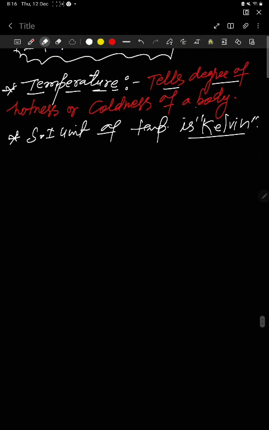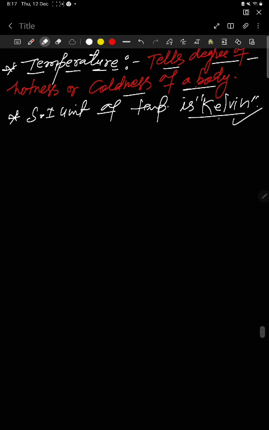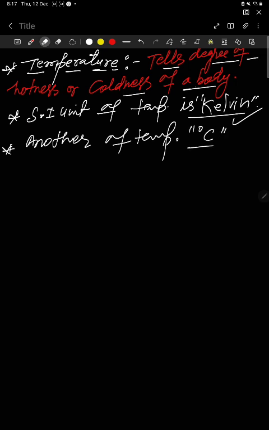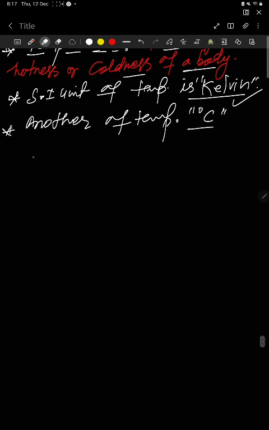Now our next term is temperature. We already know the definition of temperature. Temperature is the parameter which tells us about the degree of hotness and coldness of a body. The SI unit of temperature is Kelvin, and there is one more unit which we frequently use, that is degree Celsius.